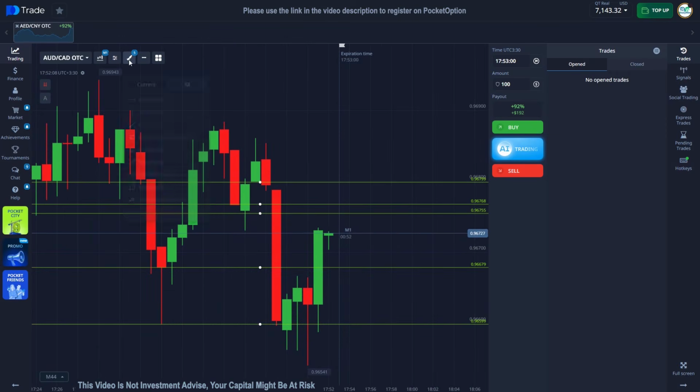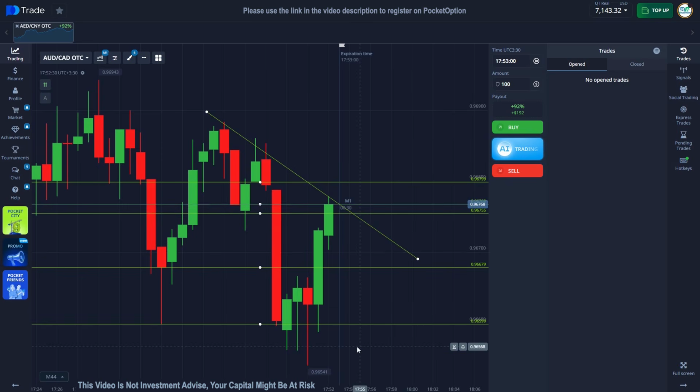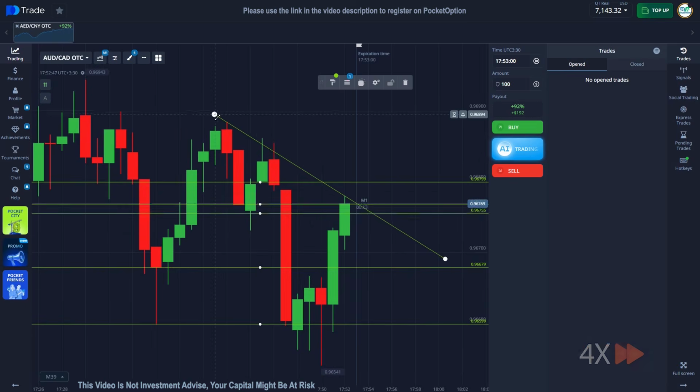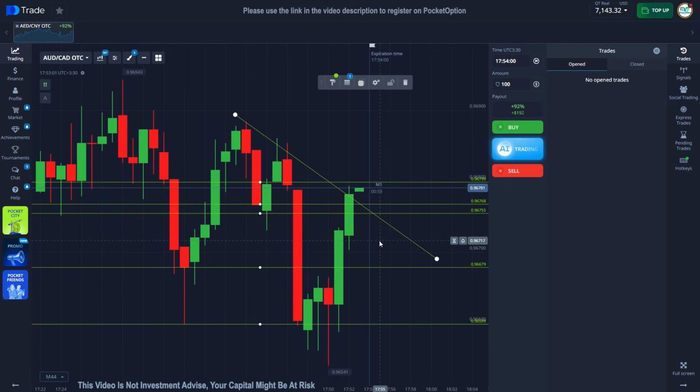Well, we can also draw a trend line here. To draw a trend line, we need at least 2 points. I'll wait.